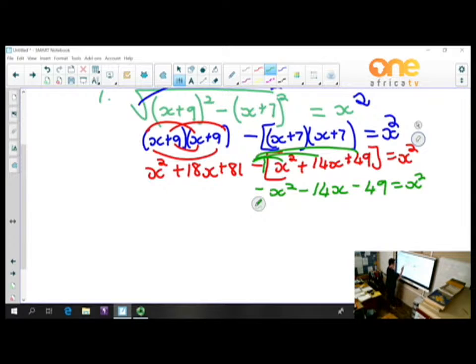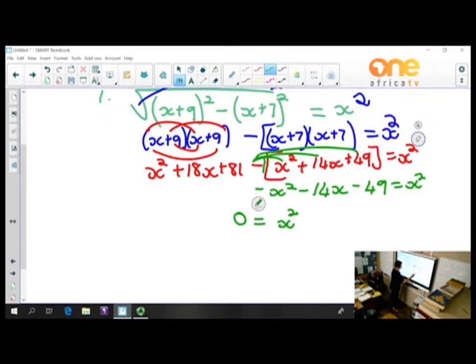Okay, so this x squared and this one will cancel out. And I'm going to take them all over to the other side. So 0 is equal to, so that x squared remains there. This 2 will cancel out. What is plus 18 minus 14? It is 4.